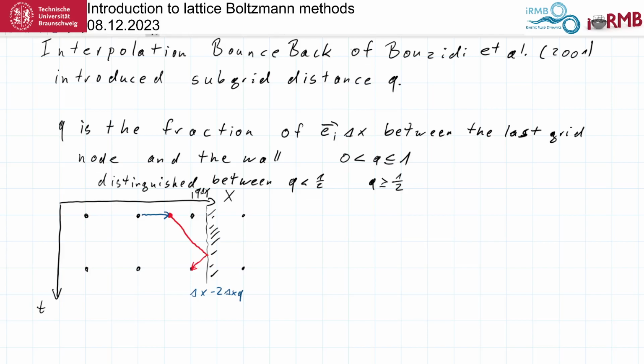Which means that at the location x_n, this is x_n minus delta x, and here this location would be x_n, where we want to put our boundary condition.